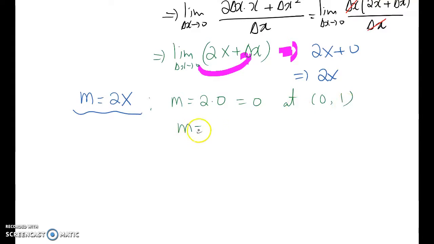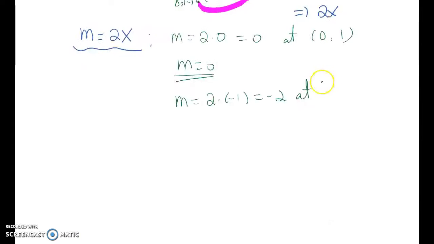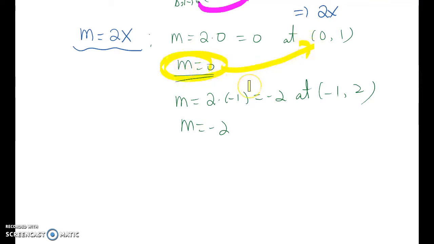Therefore, m equal to 0 in this case. Now, m equal to 2 times negative 1 equal to negative 2 at the point (negative 1, 2). So m equal to negative 2. So we found two slopes, m equal to 0 at the point (0, 1), and m equal to negative 2 at the point (negative 1, 2). Good.